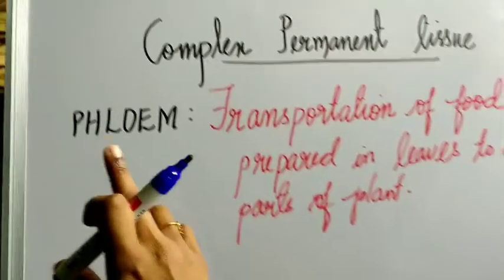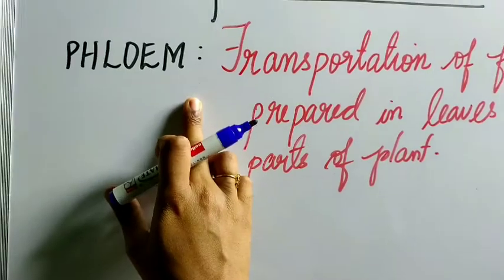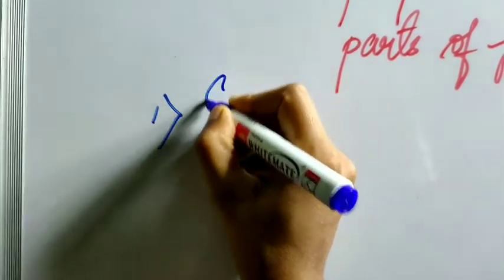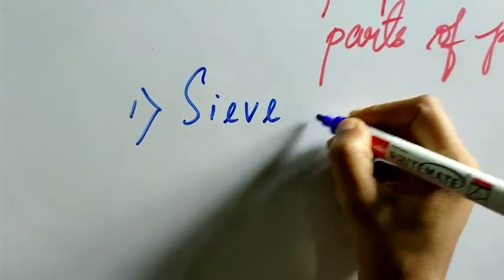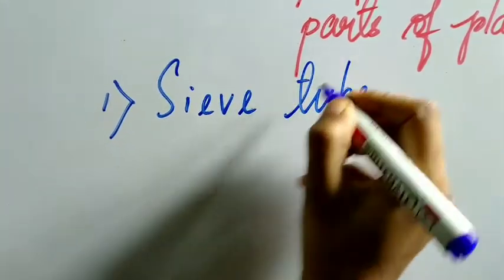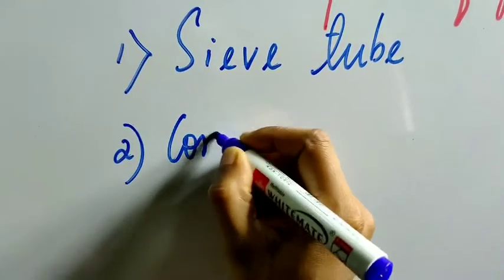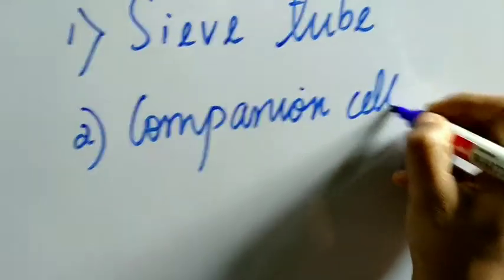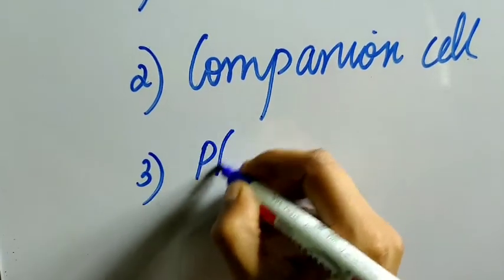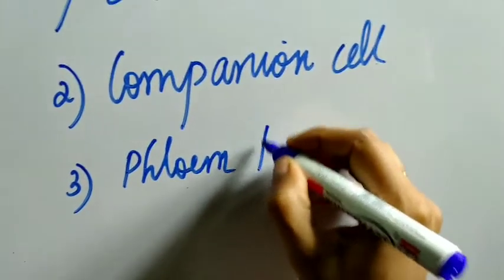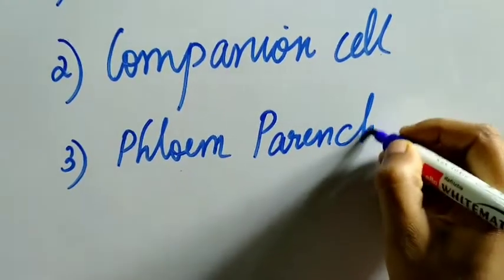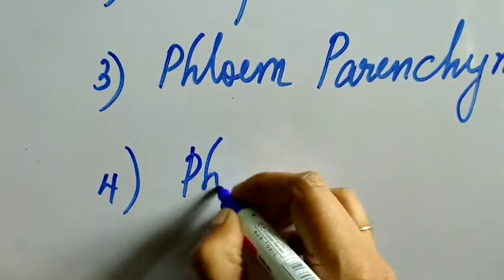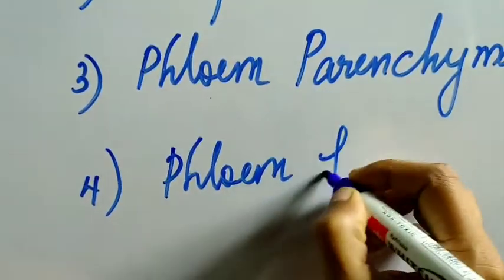Okay. Now, just like earlier, phloem is a tissue which is made up of four different components. They are sieve tube, companion cell, phloem parenchyma, and phloem fibers.